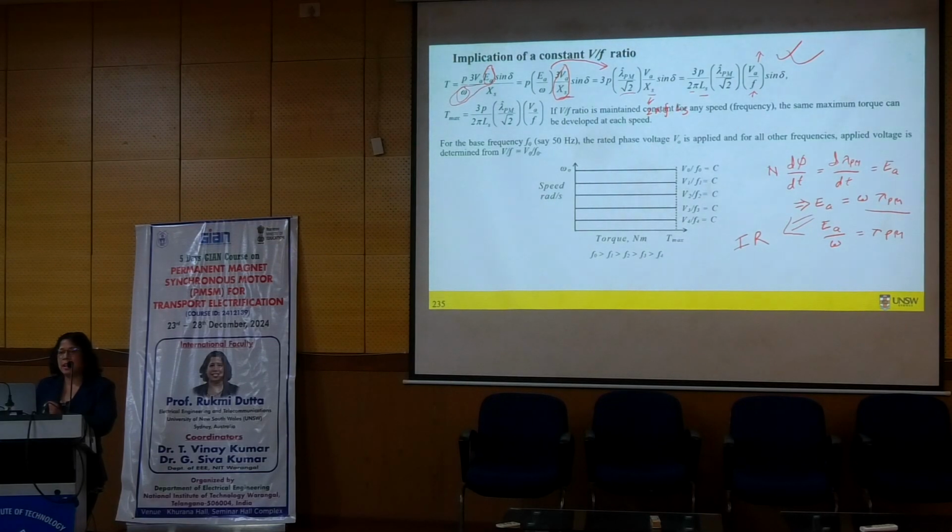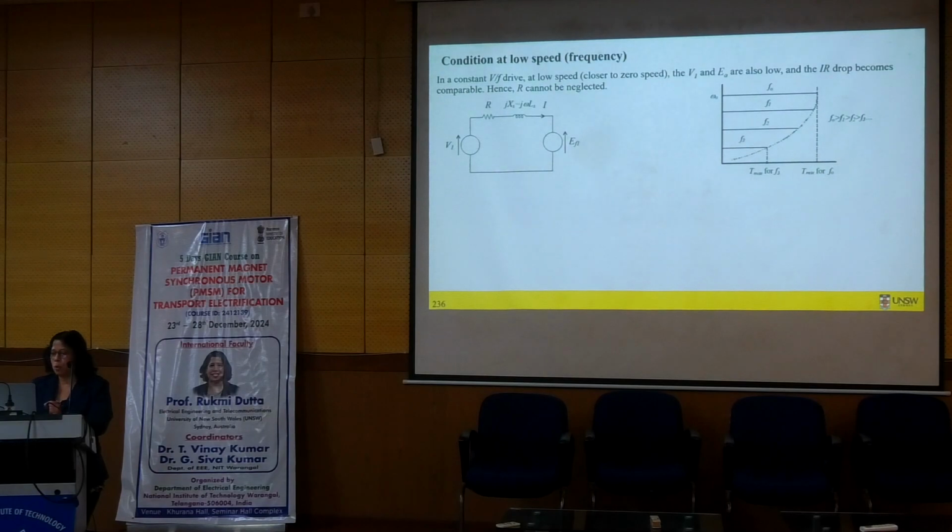So ignoring R is no longer a correct assumption at low speed. That's why if we only keep V/F constant, we will start to see torque falling.